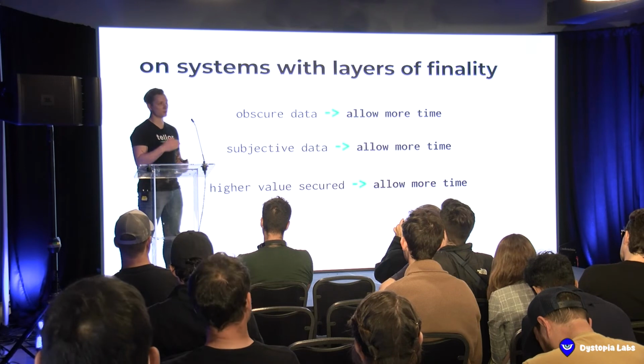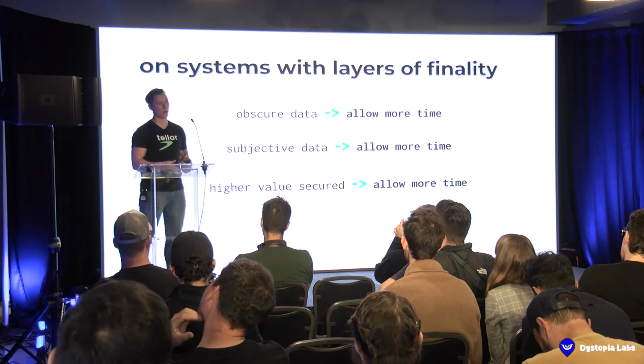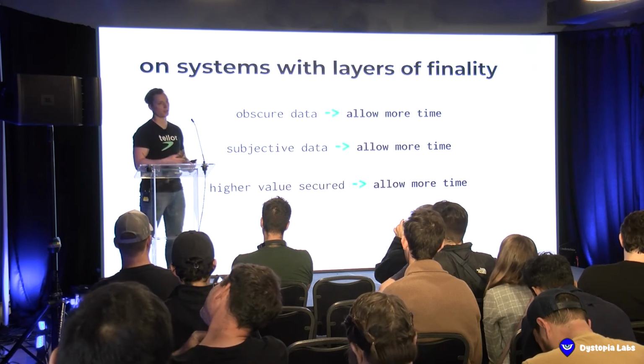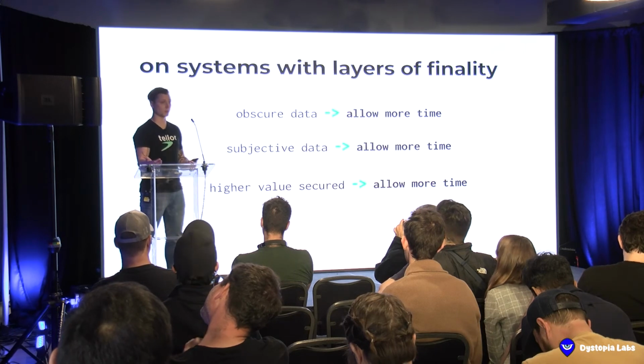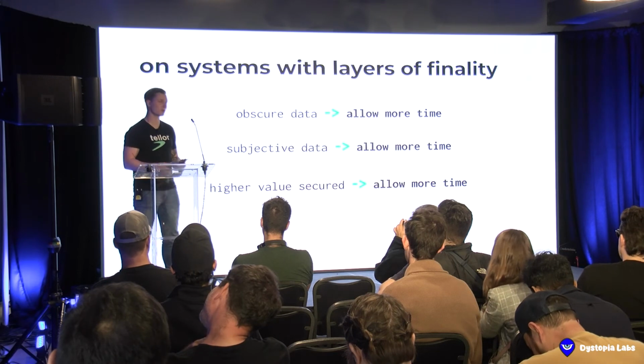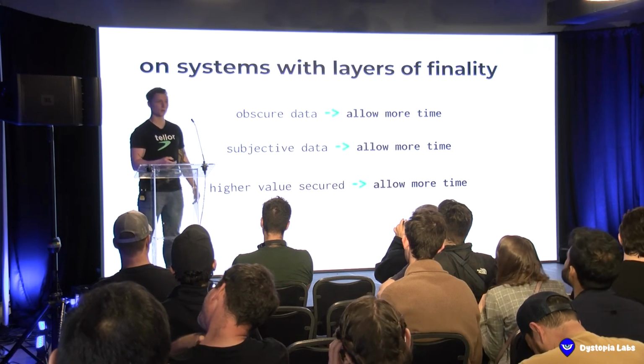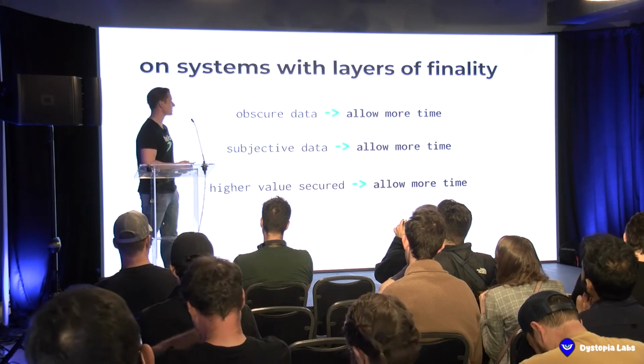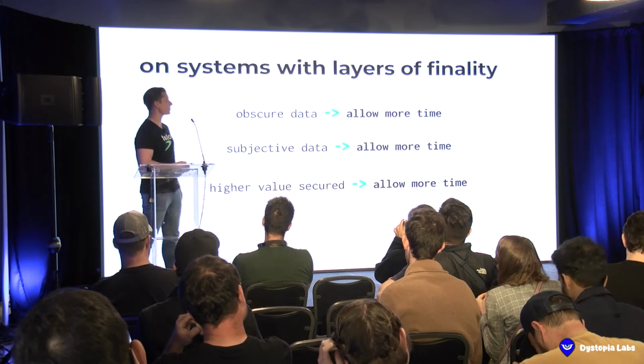So if there's more value in your system, if you have weird data that's harder to verify, if you have more subjective data like the presidential election, just give it more time, guys. We're up here trying to push for people to slow down DeFi, slow down some of these things. That way it makes more sense and it's more secure.